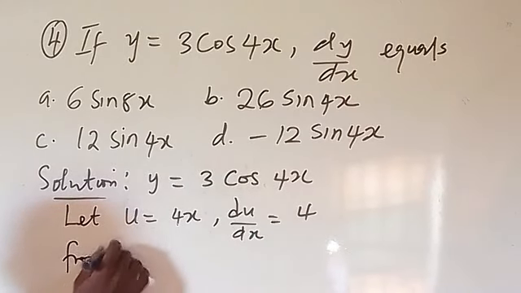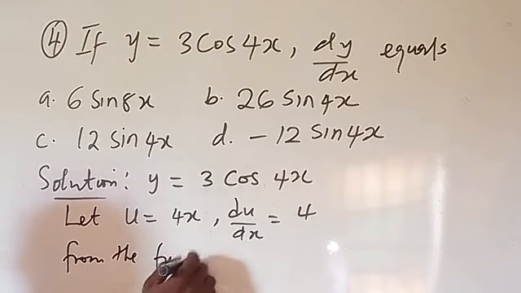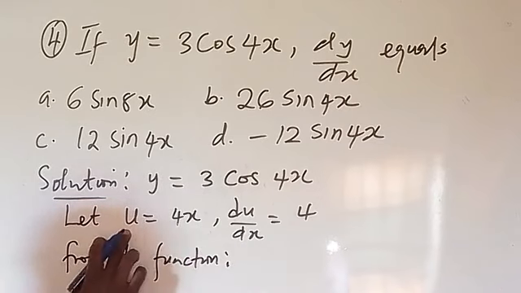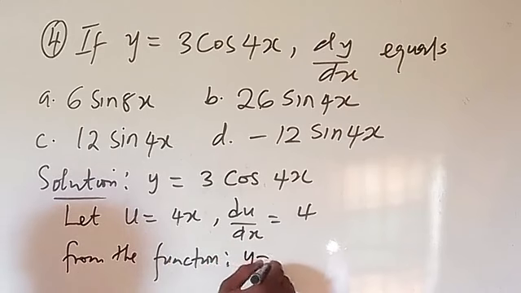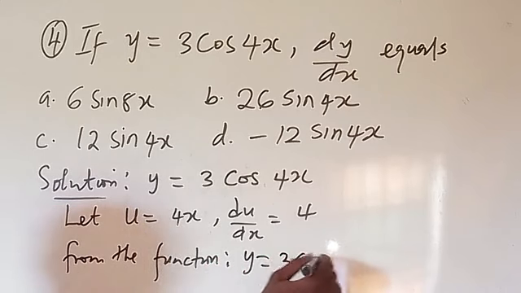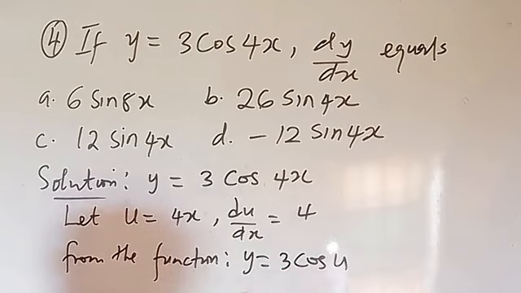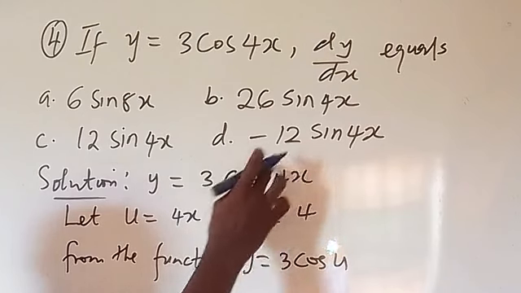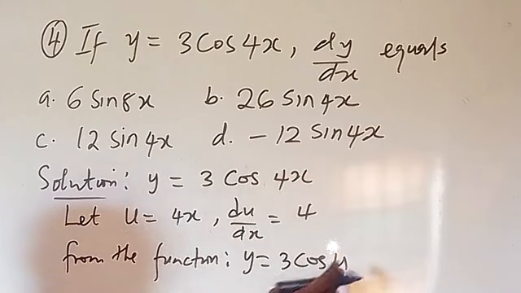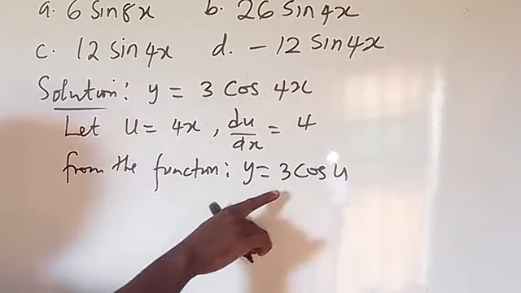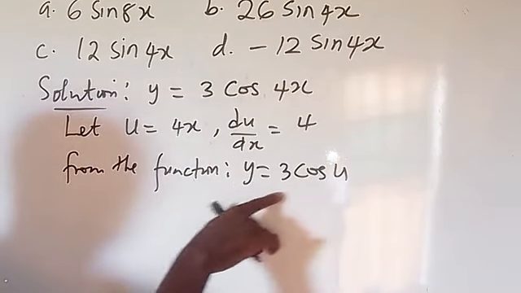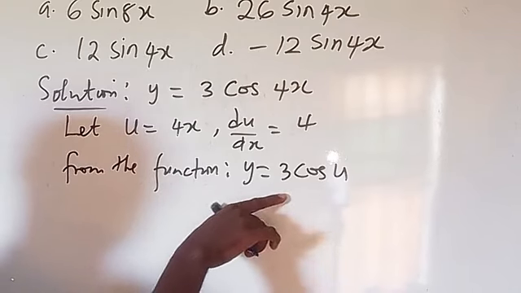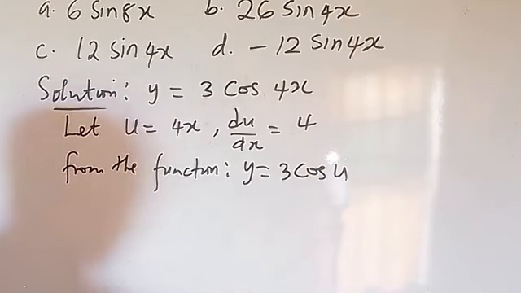From the function, after replacement, you can see that y now, in terms of u, is 3 cos u, because we've already replaced 4x by u. Now the right hand side is purely a function of u.